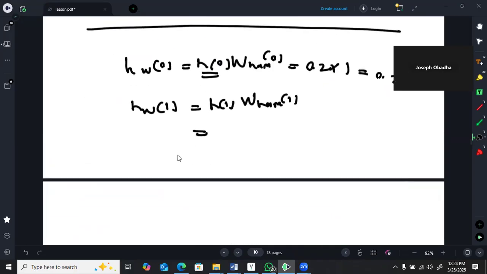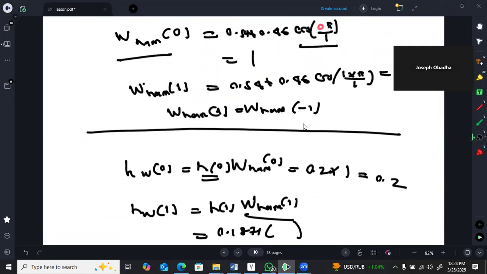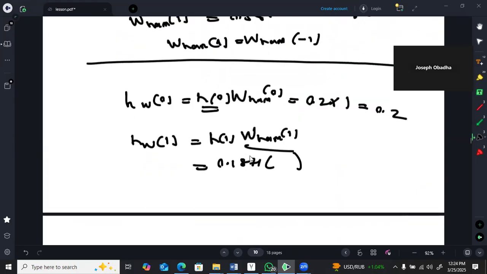So we have 0.1871 multiplied by W Ham 1, which we have found to be 0.08. So this one gives us 0.1497.